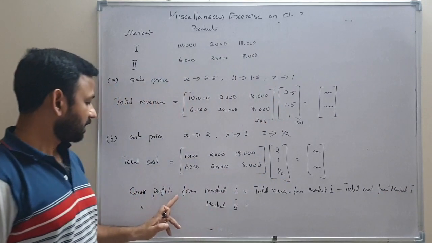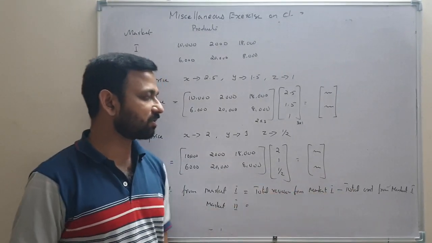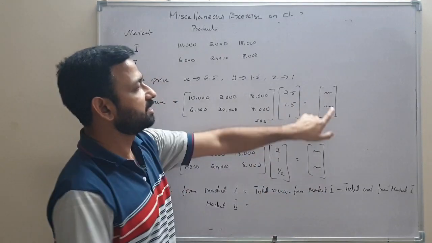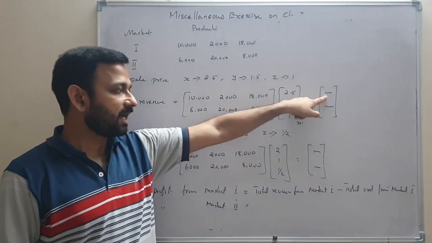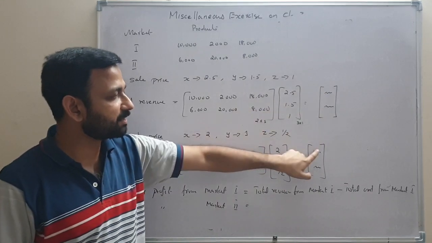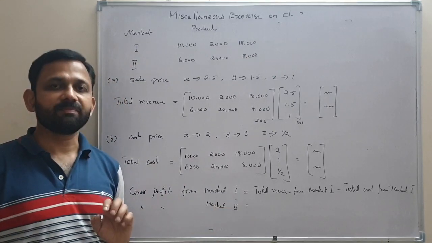The total revenue from market 1 is the first number, and the total cost from market 1 is the first number of the second result. The difference between these two numbers will be the gross profit from market 1.